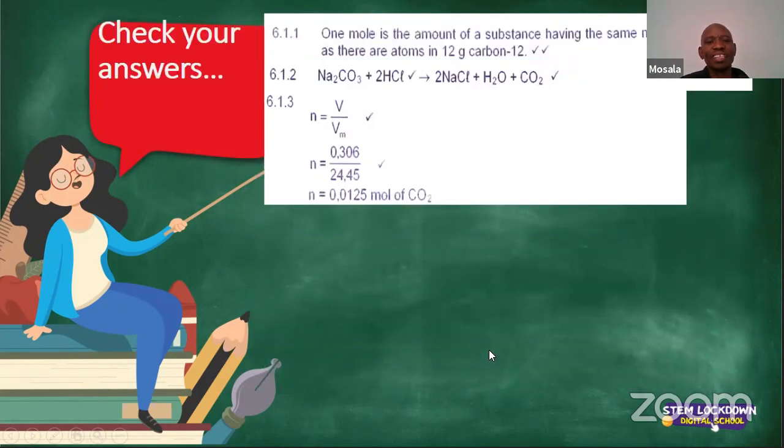So let's do it together to calculate the mass of sodium carbonate that would have reacted. We know that number of moles equals volume over molar volume. Here we are referring to carbon dioxide, which is in a gaseous form. The volume must be in cubic decimeters, so you divide by 1,000 to move from cubic centimeters to cubic decimeters.